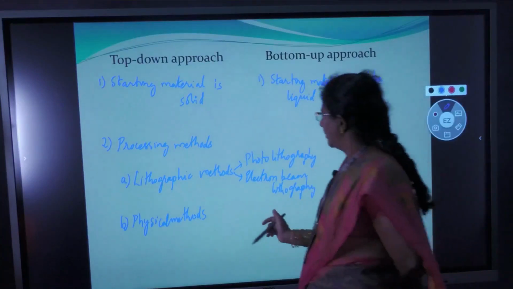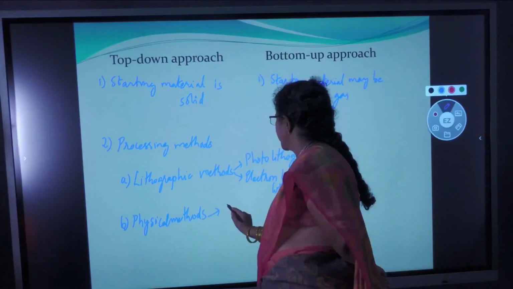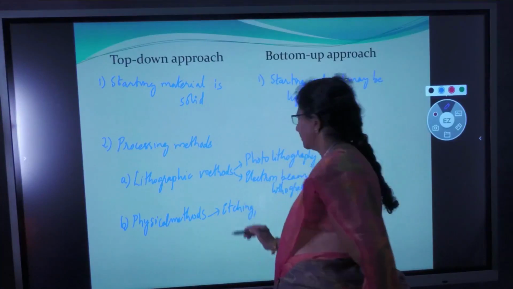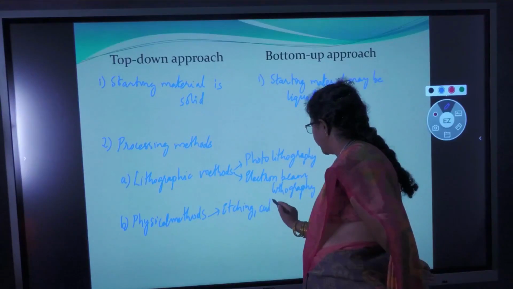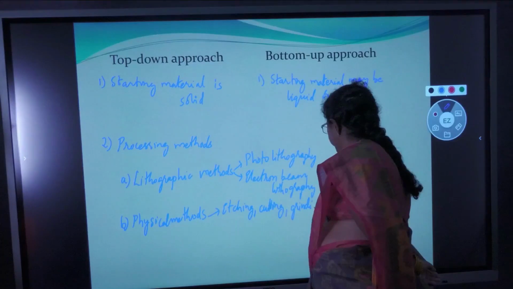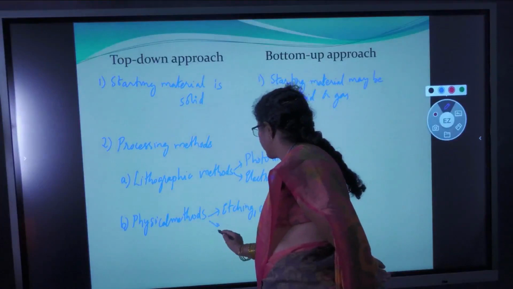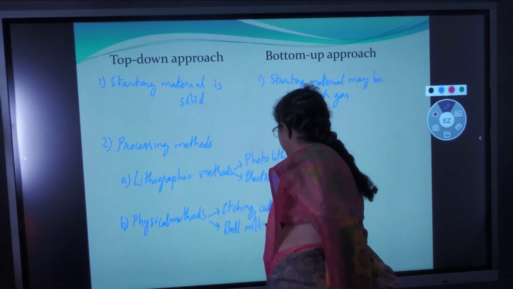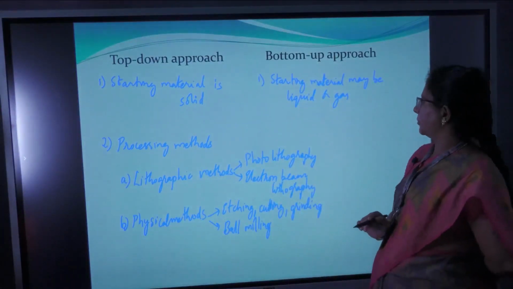Physical methods means by etching, cutting, or by grinding, or by ball milling. So these are the processing methods for the top-down approach.